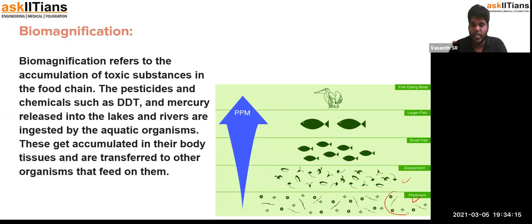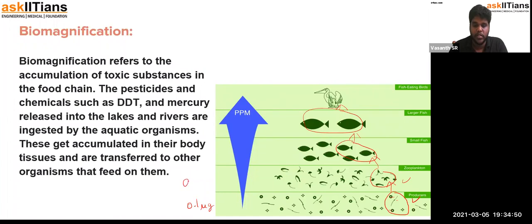The phytoplanktons are fed on by the zooplankton, and these zooplanktons are fed on by the smaller fishes, and these smaller fishes are fed on by the bigger fishes, and these bigger fishes are fed on by the pelican, the bird.